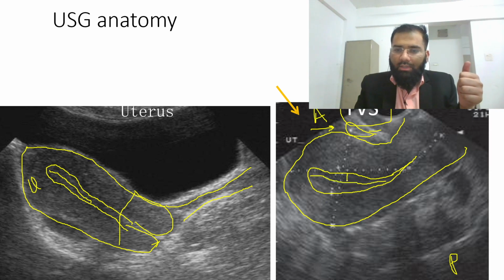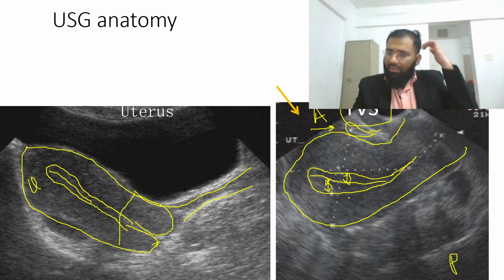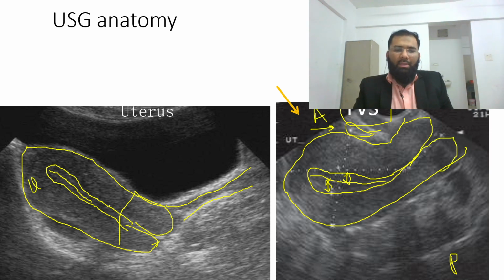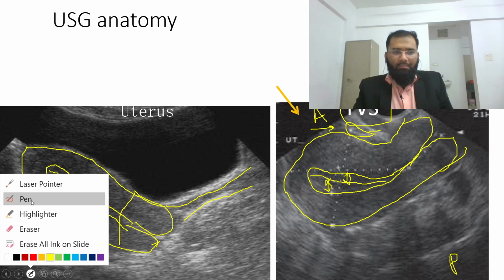This is the anterior endometrium, and this is the posterior endometrium. This portion is the cervix. So this is the basic anatomy on ultrasound TVS imaging.